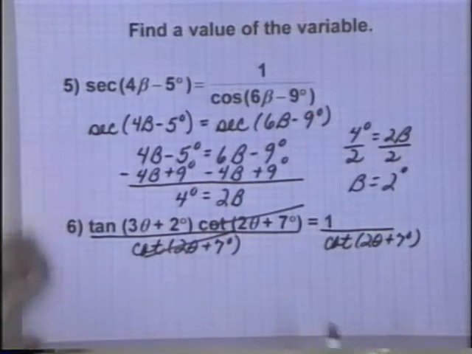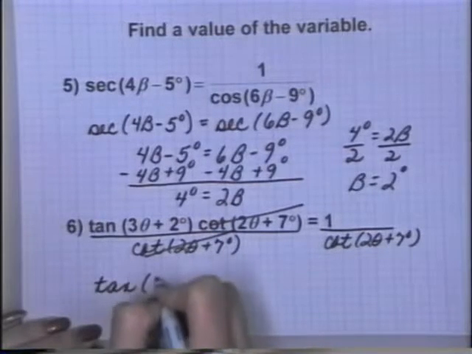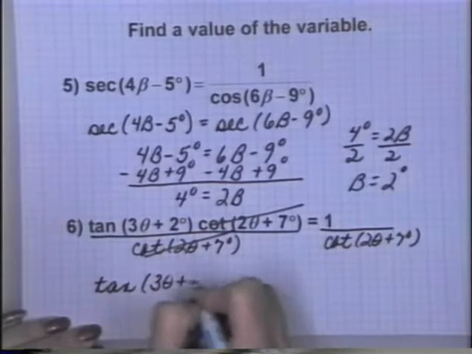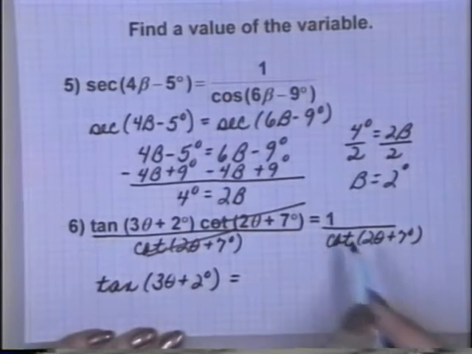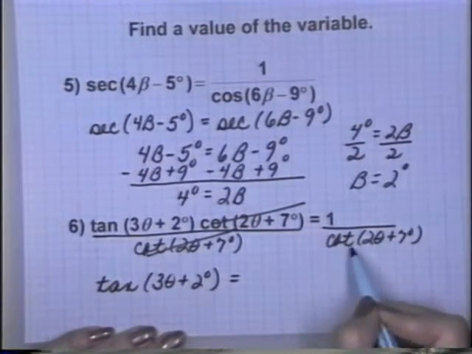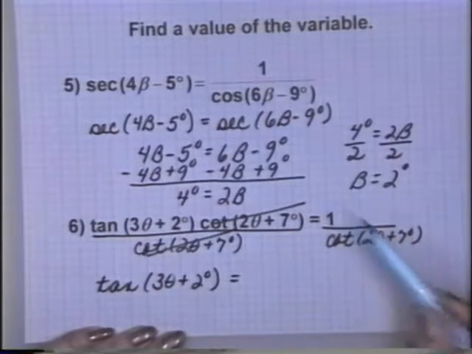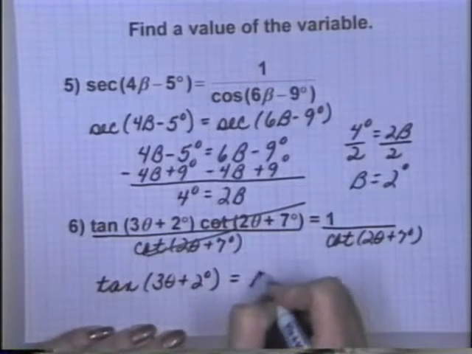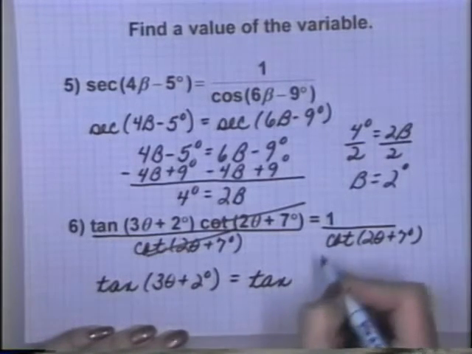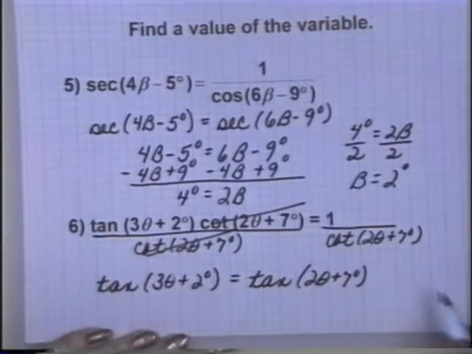Those will divide out. The next thing that I am going to do here is to rewrite the right side. 1 over the cotangent of 2 theta plus 7 degrees. I know that 1 over the cotangent of 2 theta plus 7 degrees equals the tangent of 2 theta plus 7 degrees.